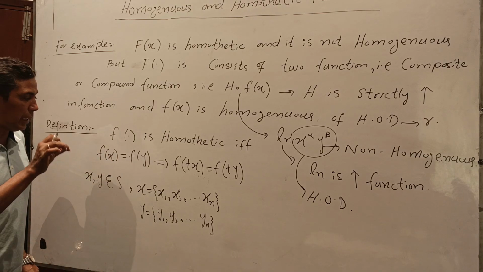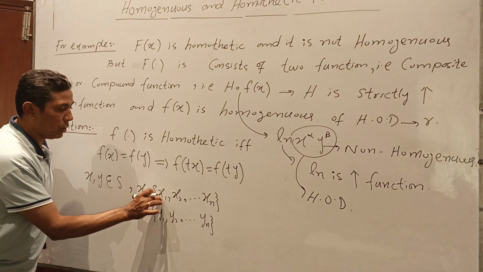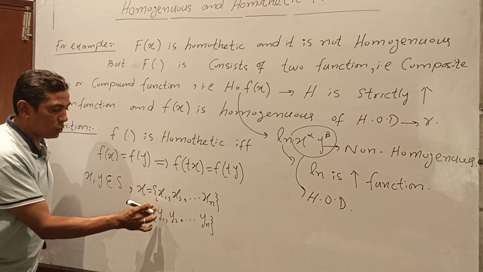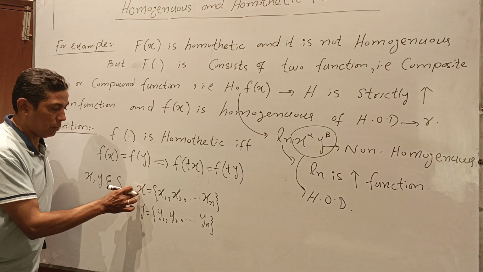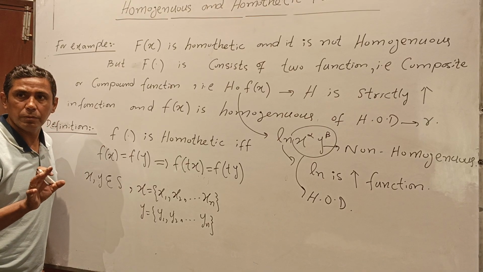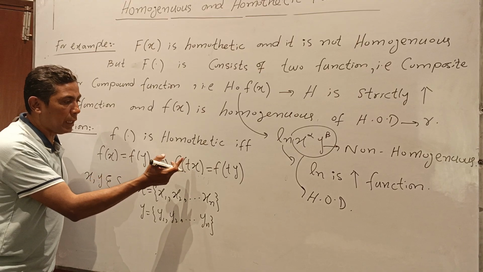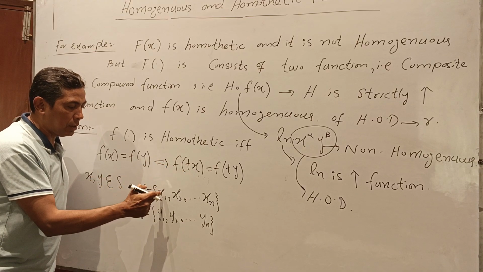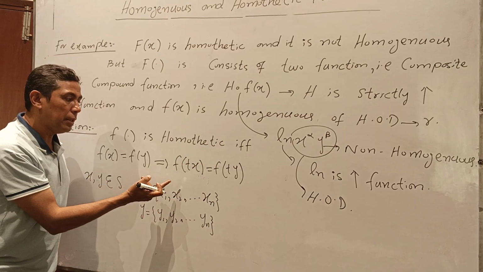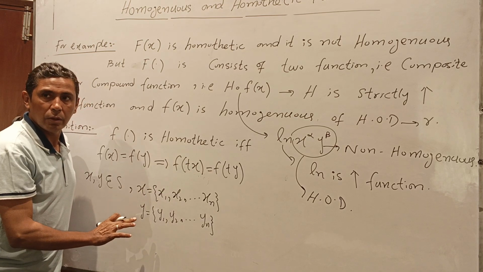That is, if we calculate the functional value with respect to, for example, x1, and with respect to y1, from x and y, both give the same value, and when we scale these values of the domain with any scalar number, again the functional value stays the same.